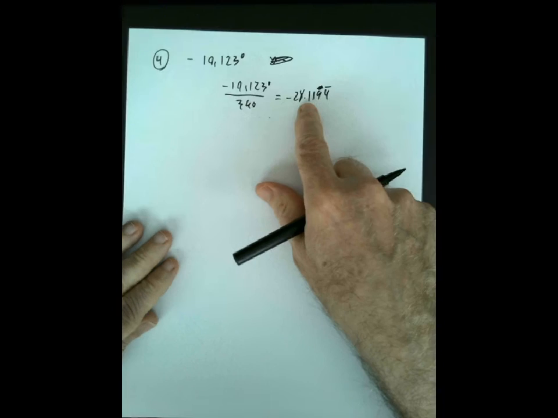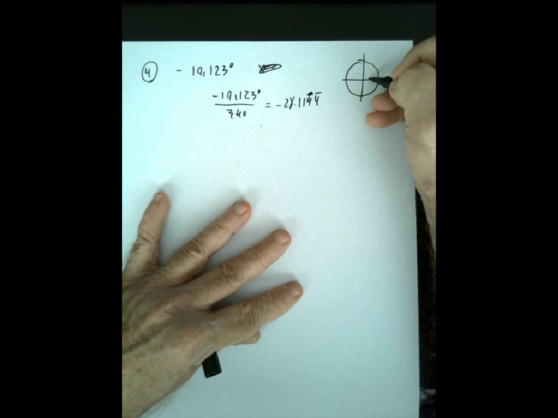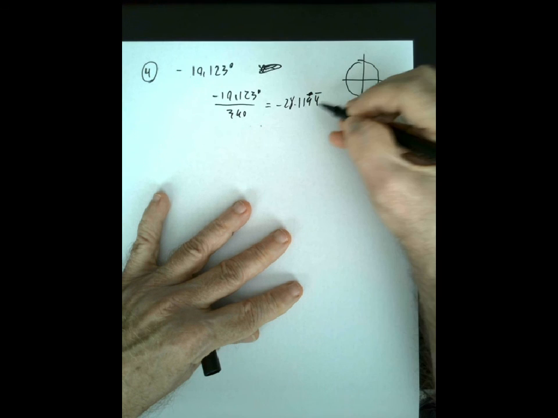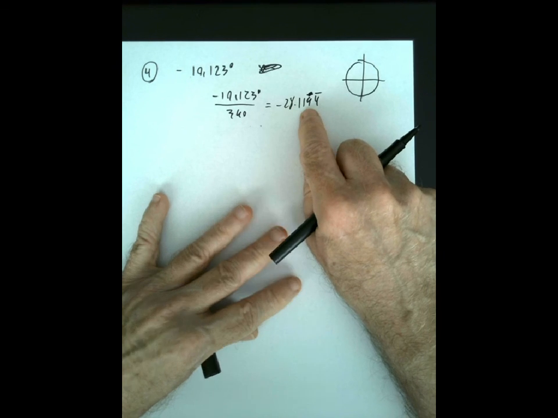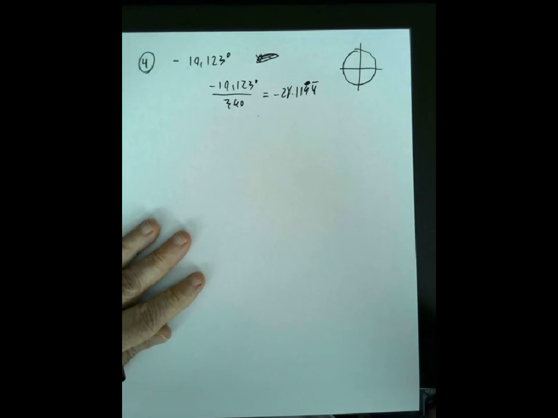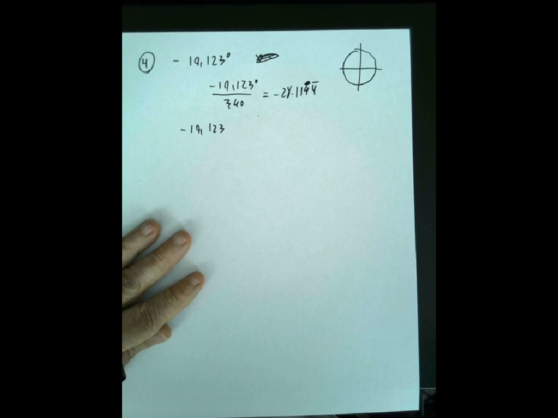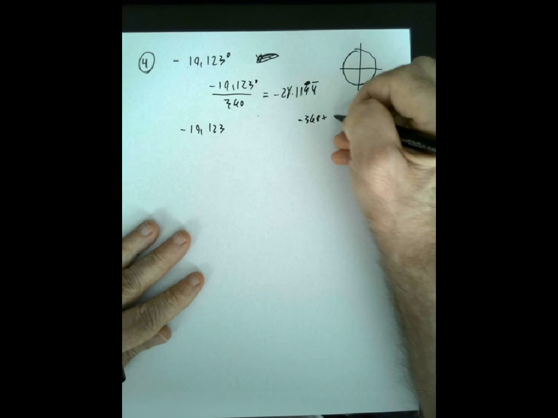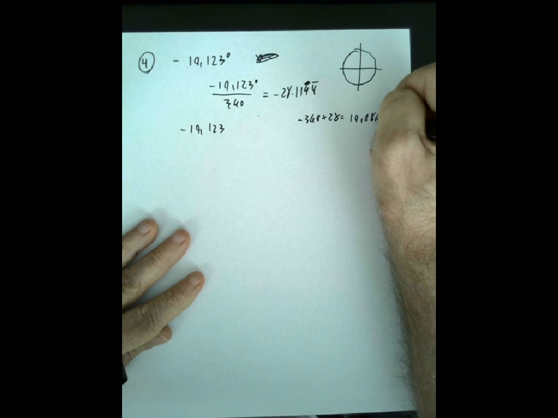So that means that on the unit circle here, here's a little tiny unit circle, we're going to start here and go around backwards, because it's negative, 28 times, and then a little bit more, right? This is going to give us the excess. So I'm going to multiply negative 360 times 28, that's 10,080.